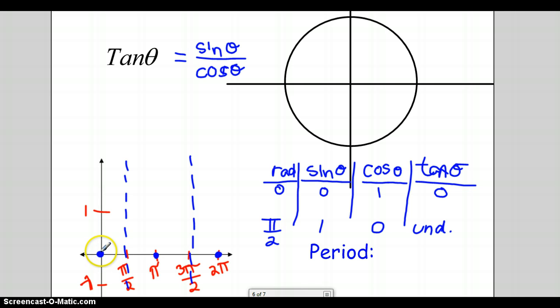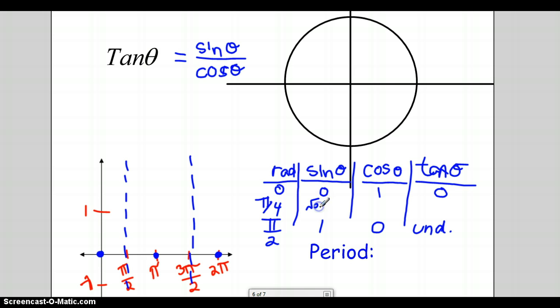Well, so what else happens besides these points at every pi units and these asymptotes for every pi units starting at pi over 2? Let's take a look at what happens at pi over 4. Okay? At pi over 4, what is our sine value? Well, if we remember, root 2 over 2 or 1 over root 2, however you would like to write it.